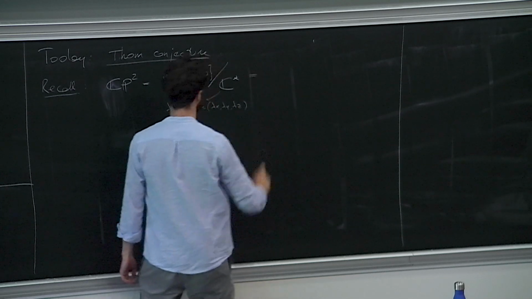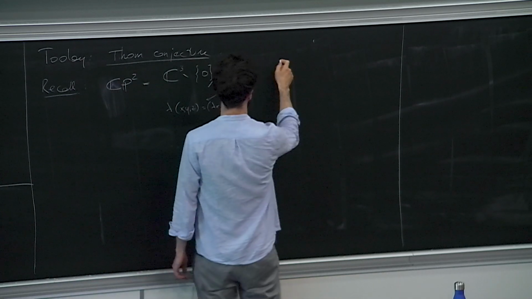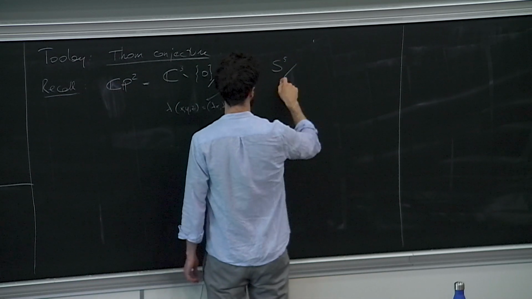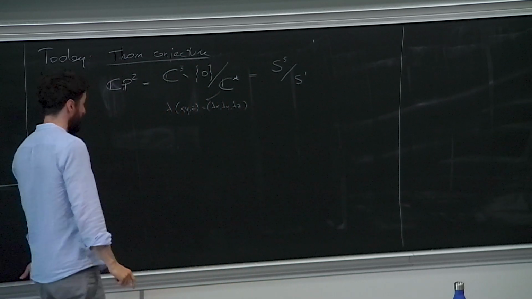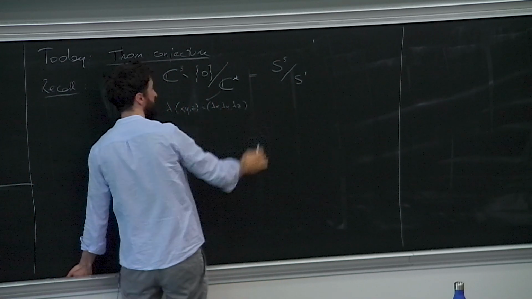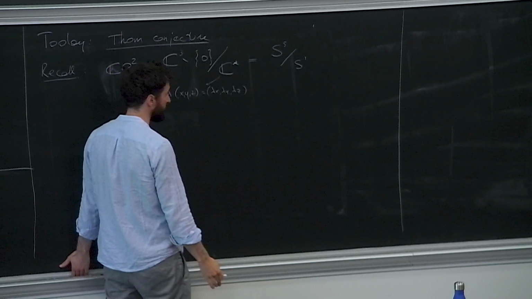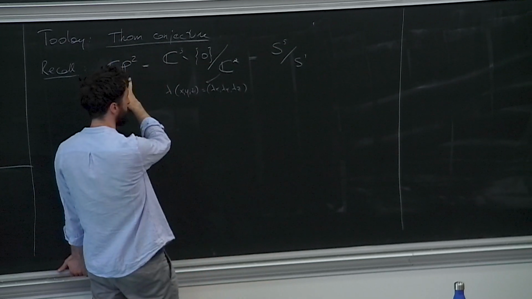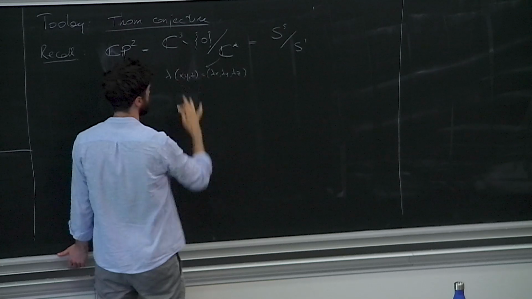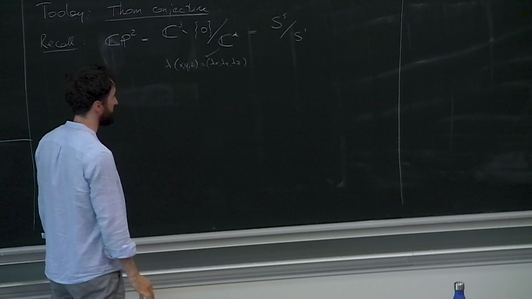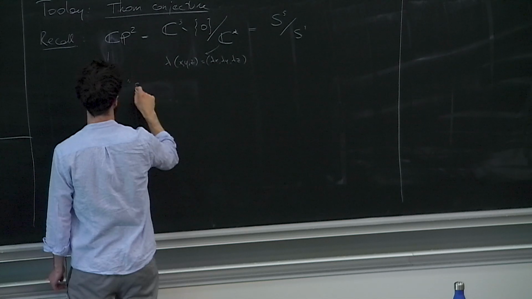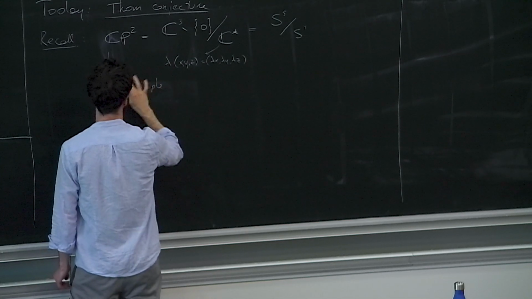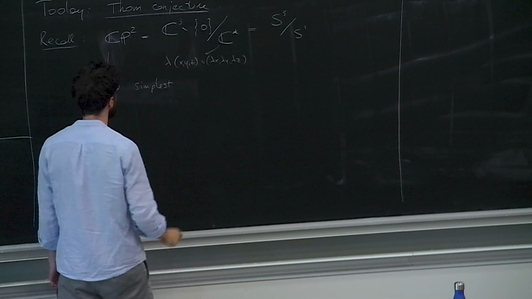We topologists prefer compact spaces, so we just take the unit sphere and mod out by the unit circle. This representation has the advantage of working with compact things, so this is obviously a compact space now. And actually what you get is a complex surface. So this is perhaps the simplest complex surface.